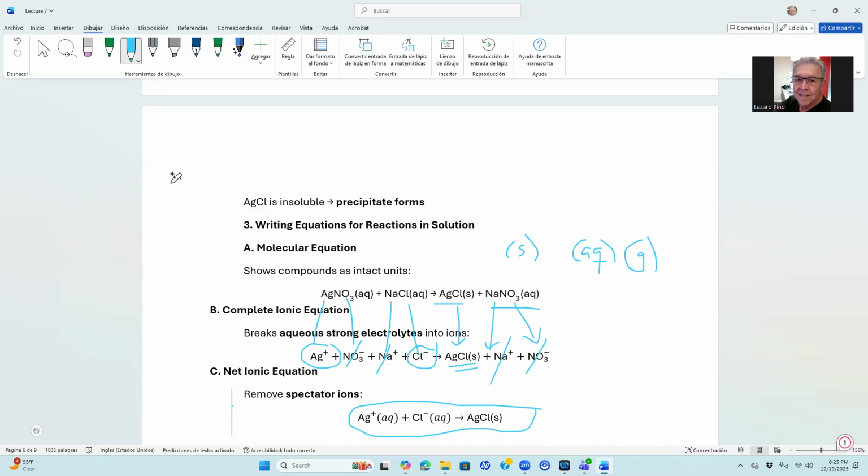Remember, you have to remove the spectators. The spectators are the ions that remain the same in the reactants as in the products. Let's continue.